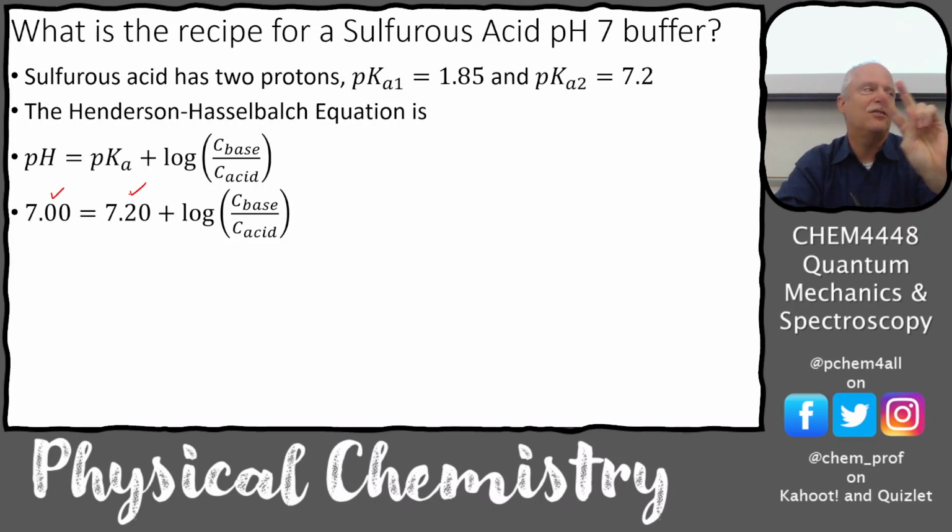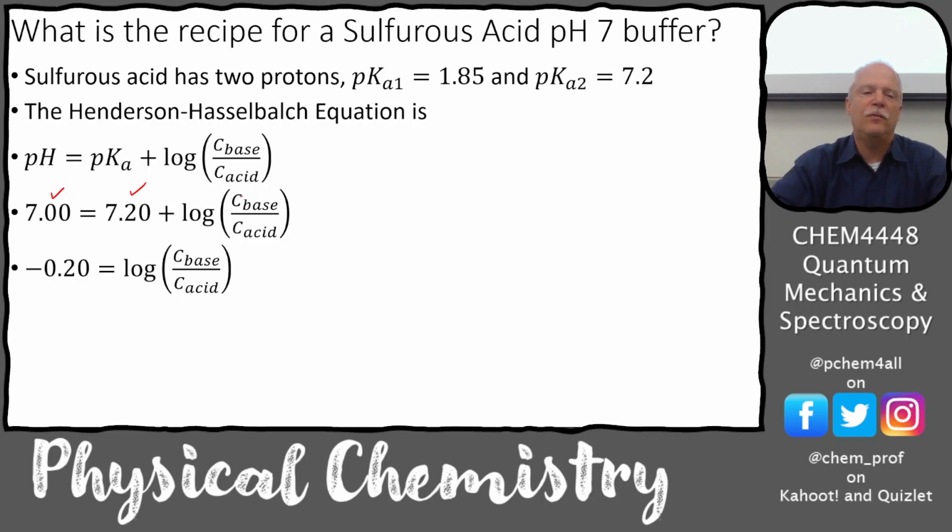So we're just now solving for a different thing. Instead of solving for the pH, we're solving for this acid-base ratio. So we move the 7.2 over, the difference is negative 0.2, and we've got to get rid of the log. So we take the anti-log, and so that's 10 to the minus 0.2 is that ratio.